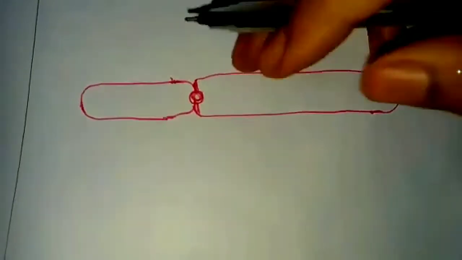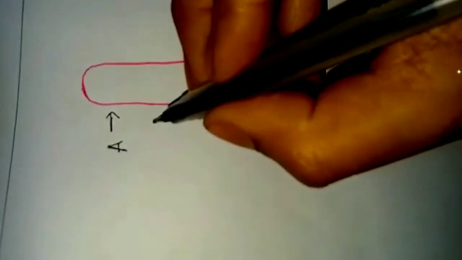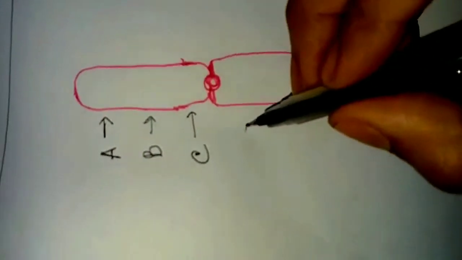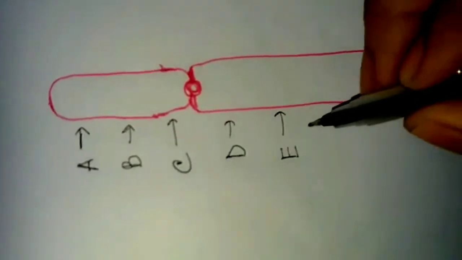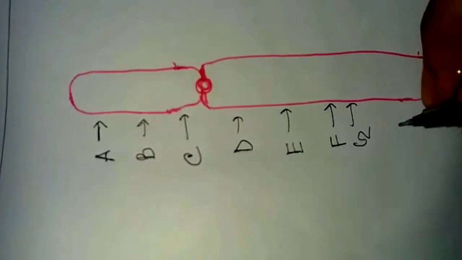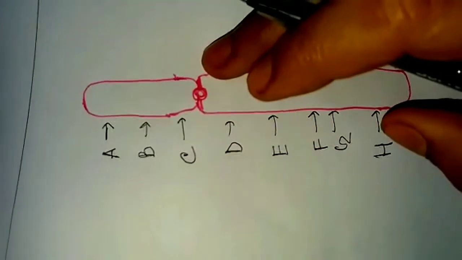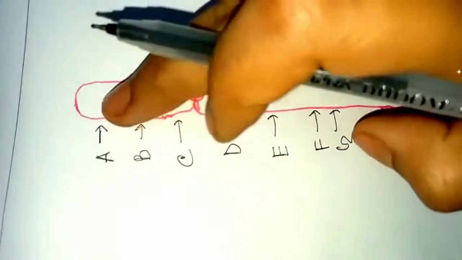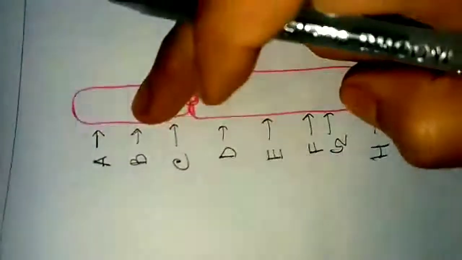If it is a rough sketch of the chromosome and genes are located like this: A gene, B gene, C gene, D, E, F, G. So by visualizing this genetic map, we can say that the chances of chromosome breaking between A and C is higher than the chances of chromosome breaking between the A and B gene.